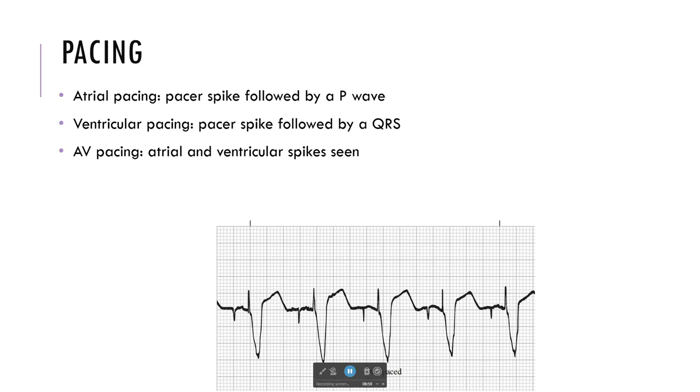If the pacemaker is set at 80, they should never have a heart rate less than 80, because if they do, that means the pacer's not working. Can they have a heart rate faster? Yes, because that's their own heart having rates faster. So what happens in AV pacing, it's X number of milliseconds go by. If nothing happens, I spike for the P wave. If I don't spike for the QRS, then I get a QRS.